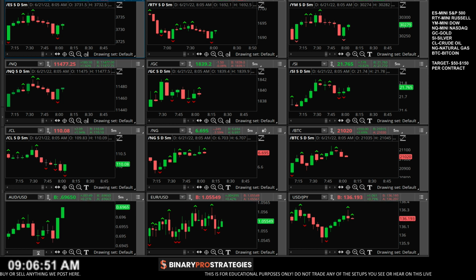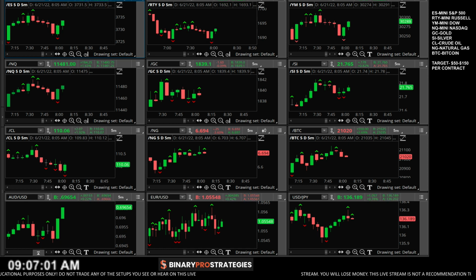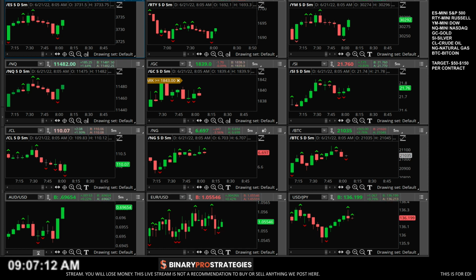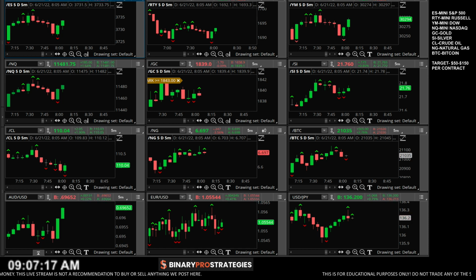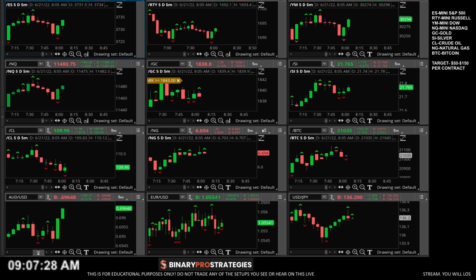And the reversal on that is, if we don't hit target and it does come down, we're going to reverse at 1834. If we do get hit on 1834, then we will have a new target on the short side. But right now we are buying it. We are long. And that low, once again, on the reversal is going to be 1834.